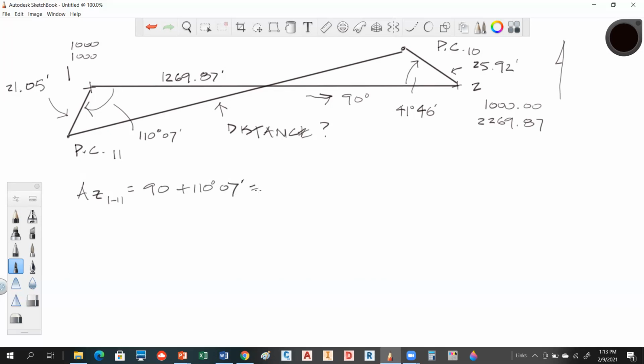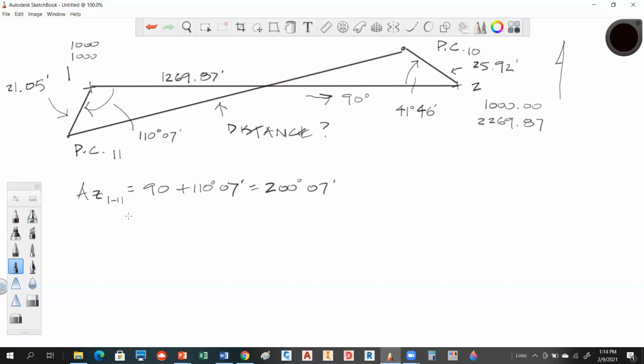And so we have simply what? 200? So we get 200 degrees and 7 minutes. That's my azimuth. Everybody agree with that? Yes.